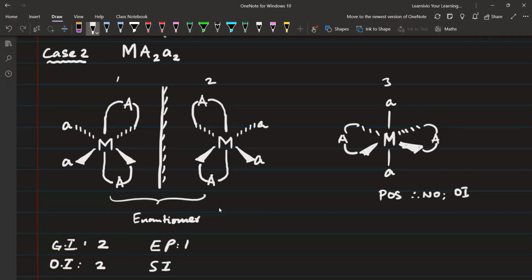The total stereoisomers, as you can see, 1, 2 and 3, this is going to be 3. Then writing. No sir. Okay.